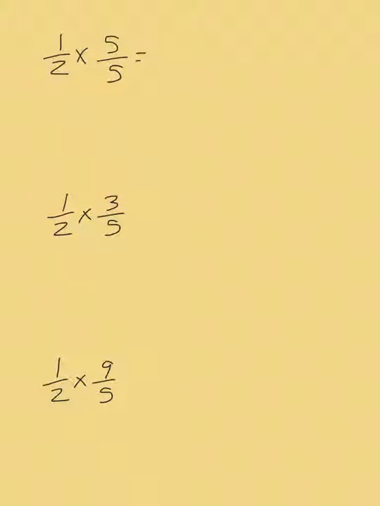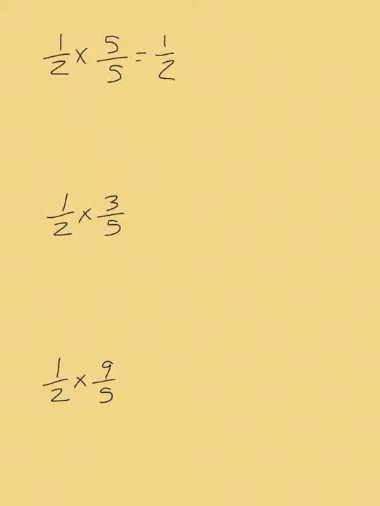With these next problems, we're going to look at 1/2 and we're going to scale it by the other fractions here, and see what happens. Is the answer going to be equal to 1/2, more than 1/2, or less than 1/2? So we have 1/2 times 5/5, so that means it's going to be equal to 1/2.